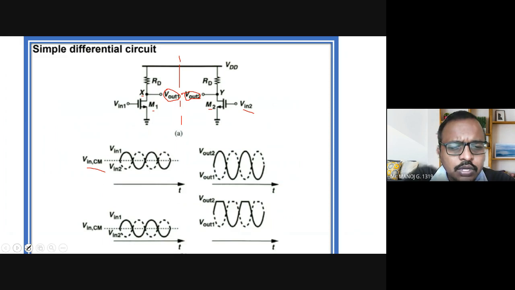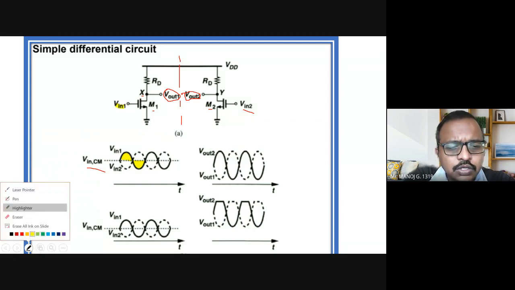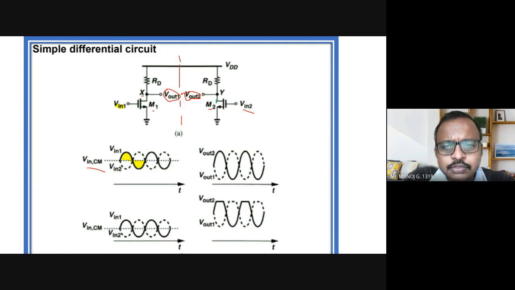When you look at inputs V1 and V2, this portion is for the V1 signal, where your input is represented with respect to the Vin value, that is this particular point. The next input is with respect to V2, from this particular point. This is the input signal.